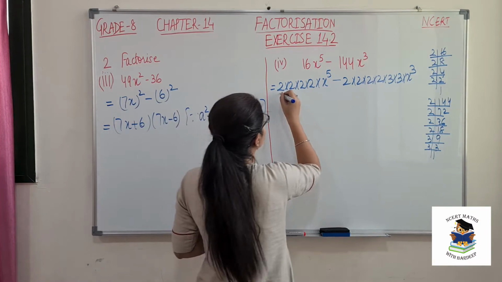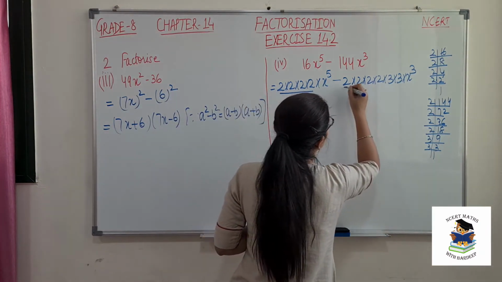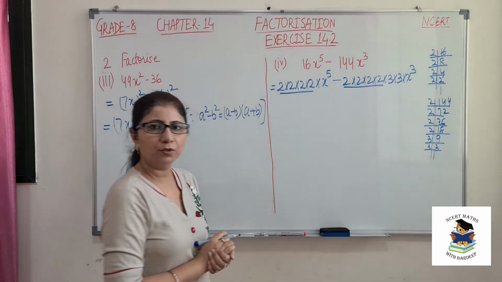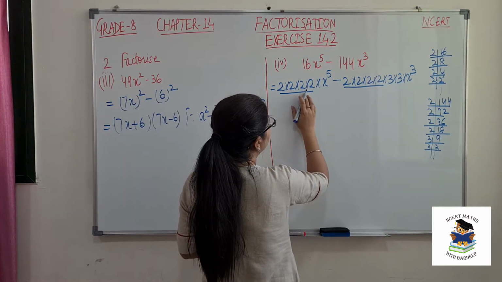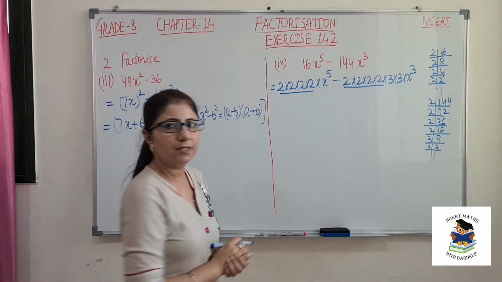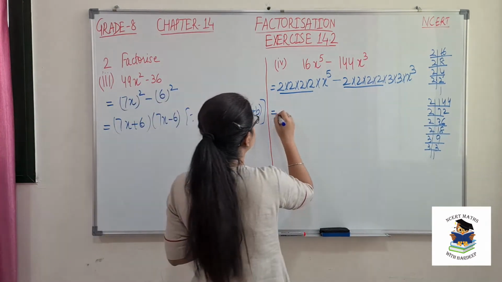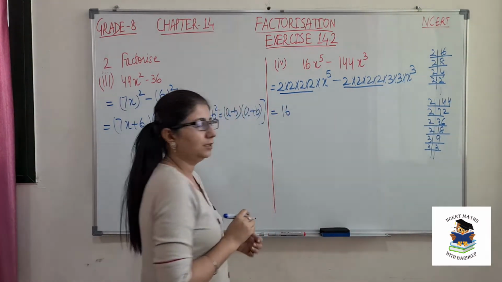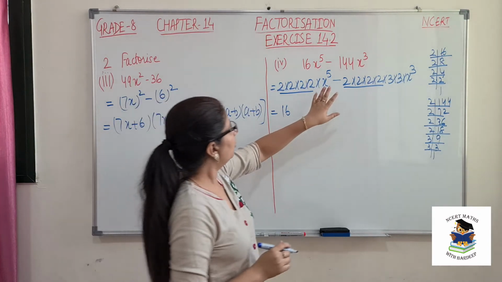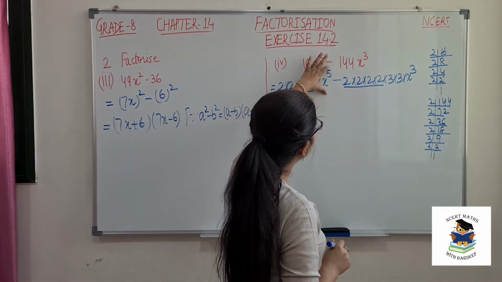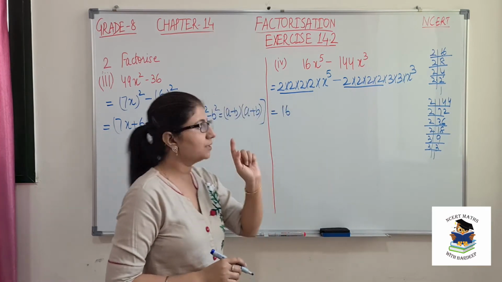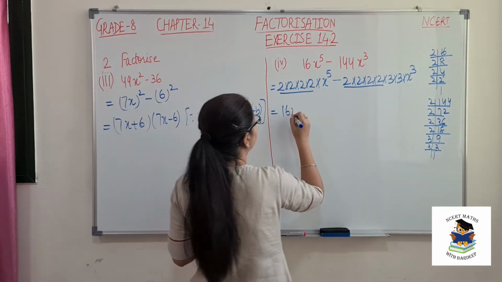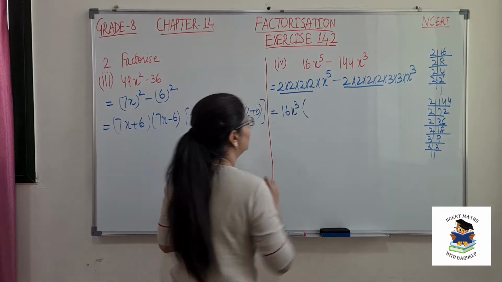So now we can see all these four 2's are common in both. That means 2 into 2 is 4, 4 into 2 is 8, 8 into 2 is 16. So 16 is the common factor in numbers. Now we can see here x5 and x3. What is common? x3, because we can take out the smaller power.